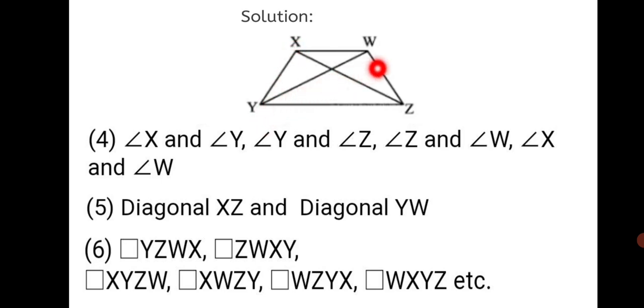Third, quadrilateral XYZW. Fourth, quadrilateral XWZY. Quadrilateral WZYX. Quadrilateral WXYZ. So you can take a particular vertex, write in clockwise or anti-clockwise direction and show as many names as you want. So 6 names of a quadrilateral are mentioned here. So this way we have completed question number 1.